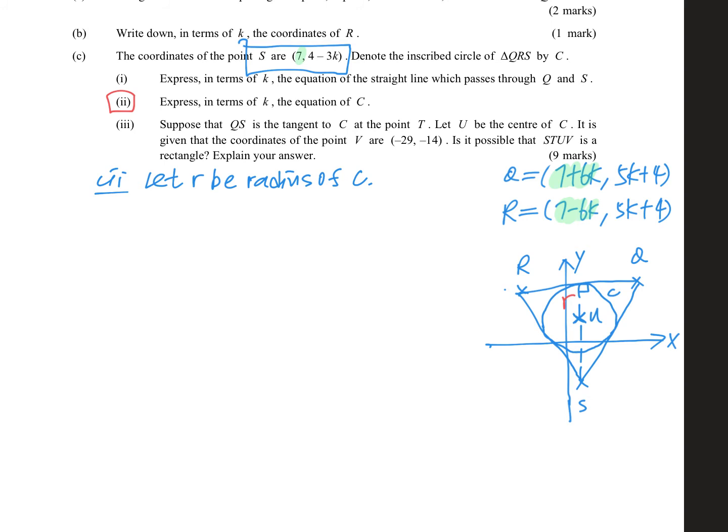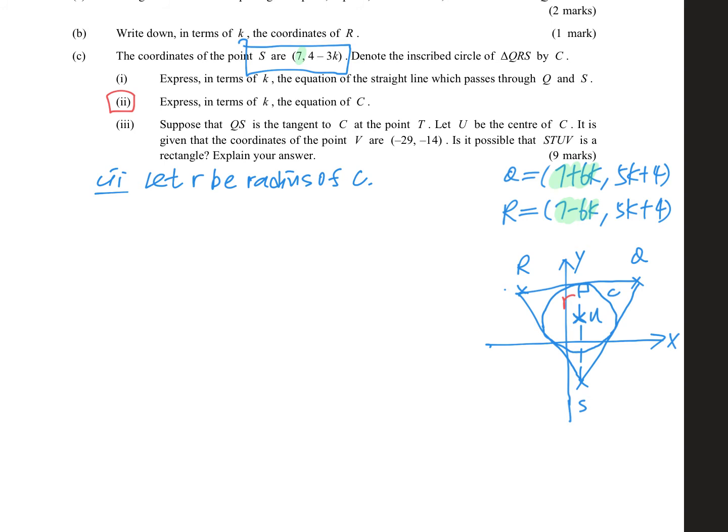And then this level is 5k plus 4. Am I correct? No. This level would be 4 minus 3k, right? Don't use this level. How about this level? This level is 5k plus 4 if you consider the y, and then you minus it.